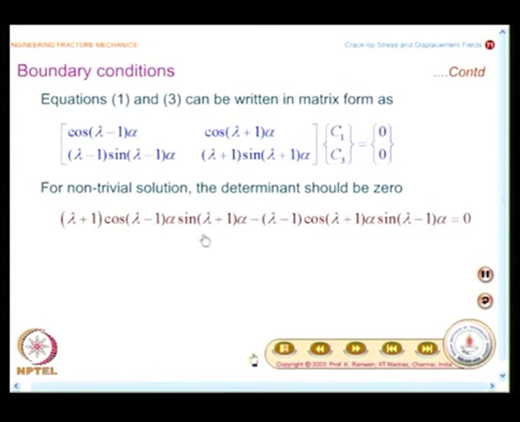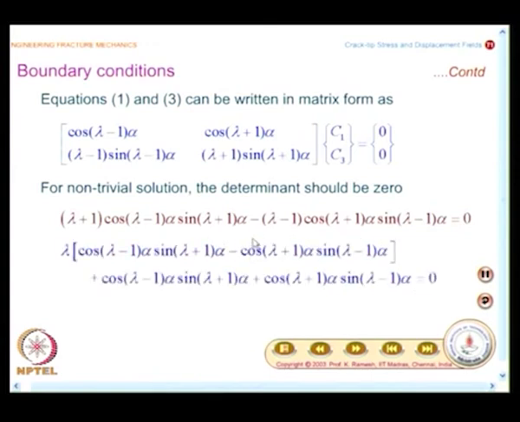So I have lambda into cos((lambda minus 1) alpha) sin((lambda plus 1) alpha) minus cos((lambda plus 1) alpha) sin((lambda minus 1) alpha).